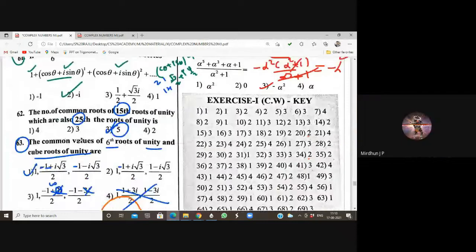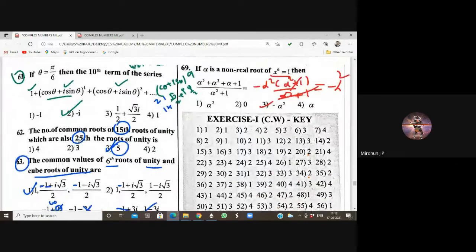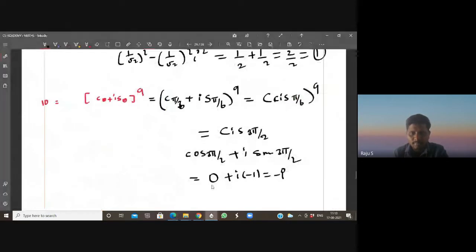Dear students, sir, can you show that sum, sir? Why not? Cis theta, cis 9 theta.